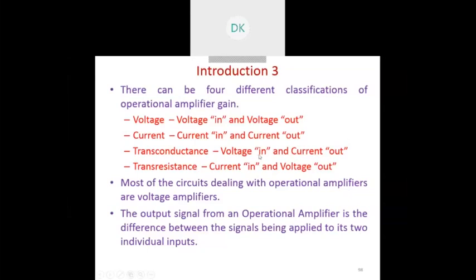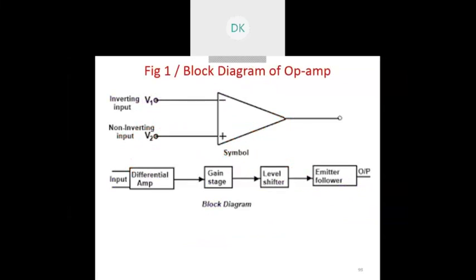Transconductance amplifier means voltage is input and current is output. Transresistance means current is input and voltage is output. We have seen this classification under the topic amplifier model under unit number 1. But generally, we are going to use only the first type, the voltage amplifier.